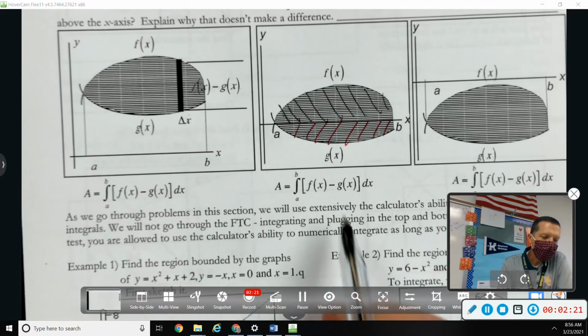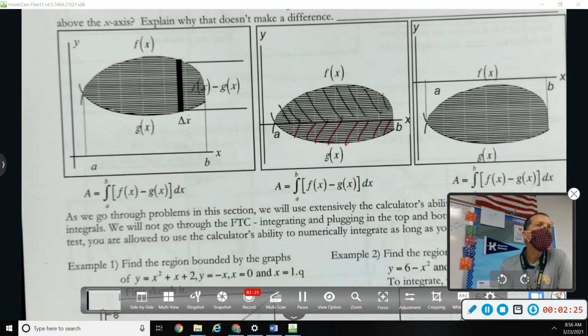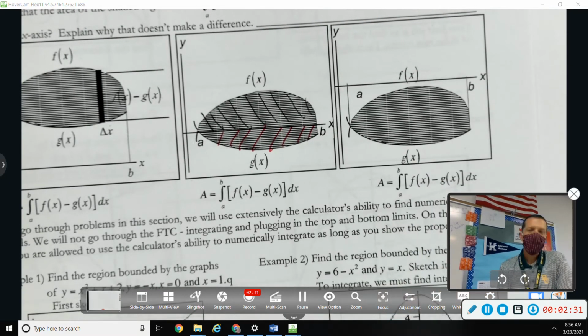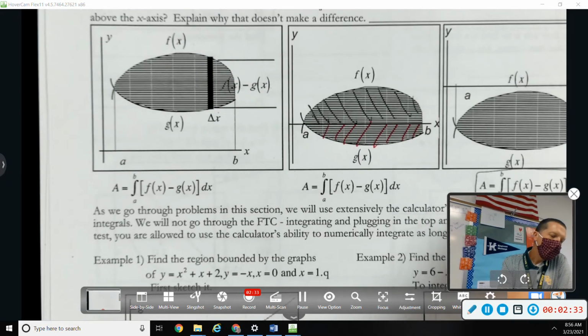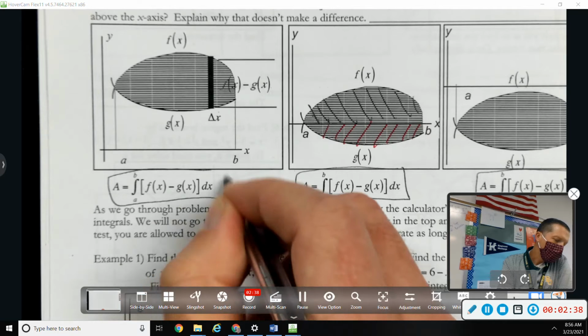But the signs take care of themselves if g is negative. Minus a negative will end up being positive. And same thing if they're both underneath. It doesn't matter where they are. It's always top curve minus bottom curve from A to B.